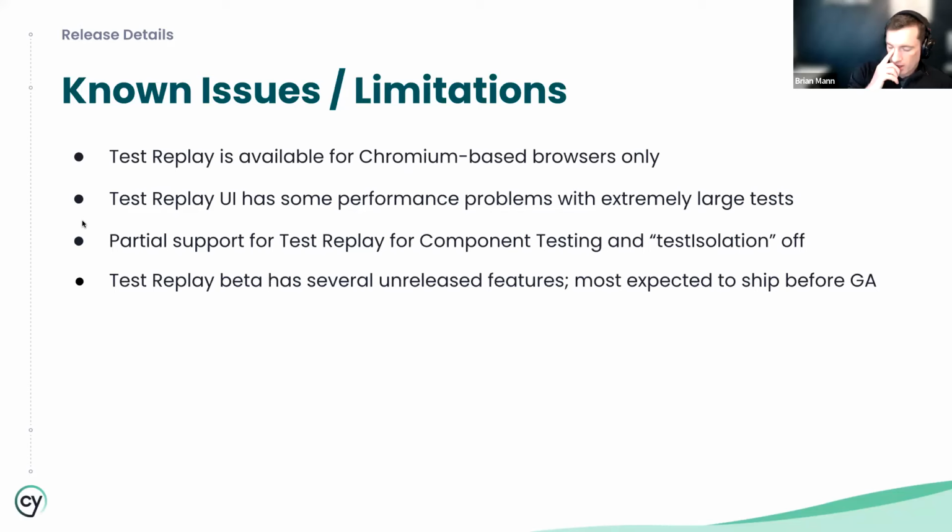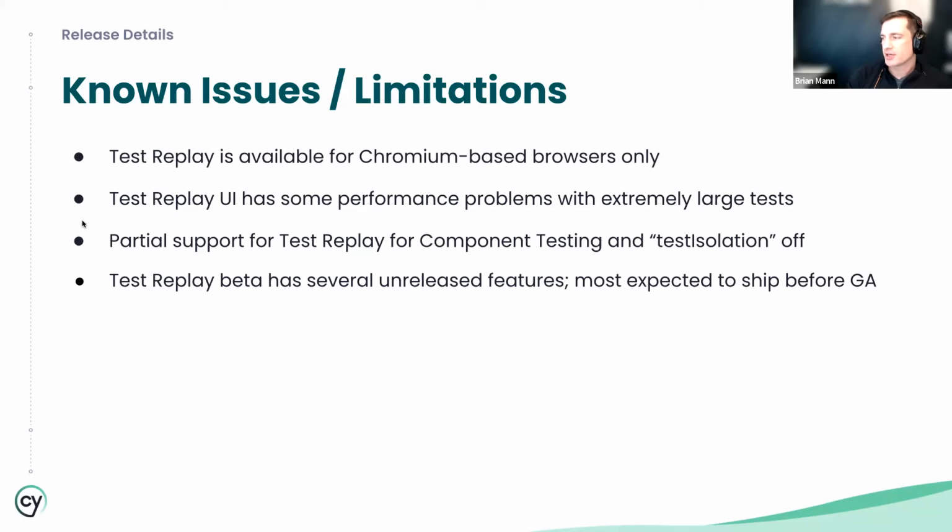There are still a couple issues for component testing, as well as if you came up using Cypress on a really old version. Previously, we used to not enforce test isolation. Now that is something that we enforce, and so if you're using all the defaults, test isolation being off does not apply to you. But if that's something that you specifically overrode, there are still a few issues with test replay. If you know anything about that feature, you can probably guess as to why.